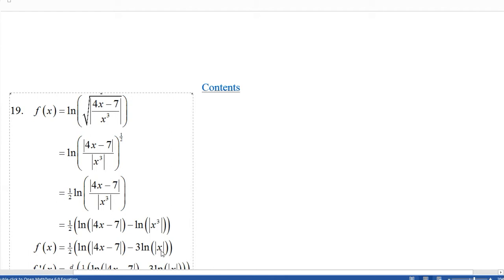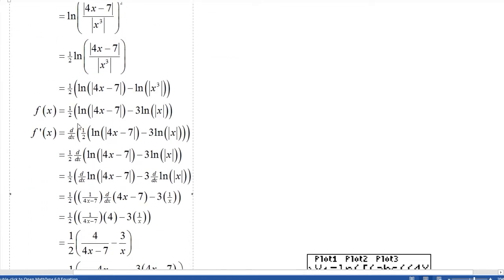Think of that as the way to write f of x, and it's a little bit easier to find the derivative now, because we can start by using the constant multiple rule to bring the constant out front, and then we can use the sum rule to take the derivative of the sum as the sum of the derivatives. So the derivative of this sum is the derivative of this part plus the derivative of this part.